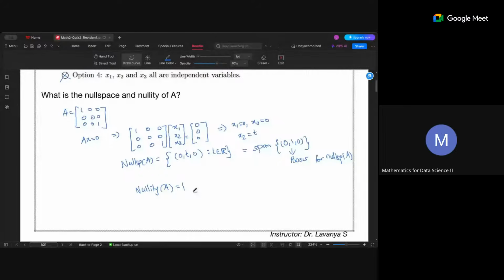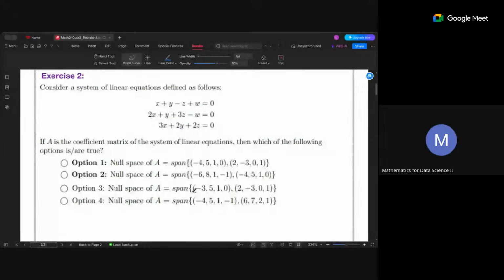Okay. So here is the problem. Consider a system of linear equations defined as follows. Suppose you are writing it as A u = 0, where u is the vector (x, y, z, w).